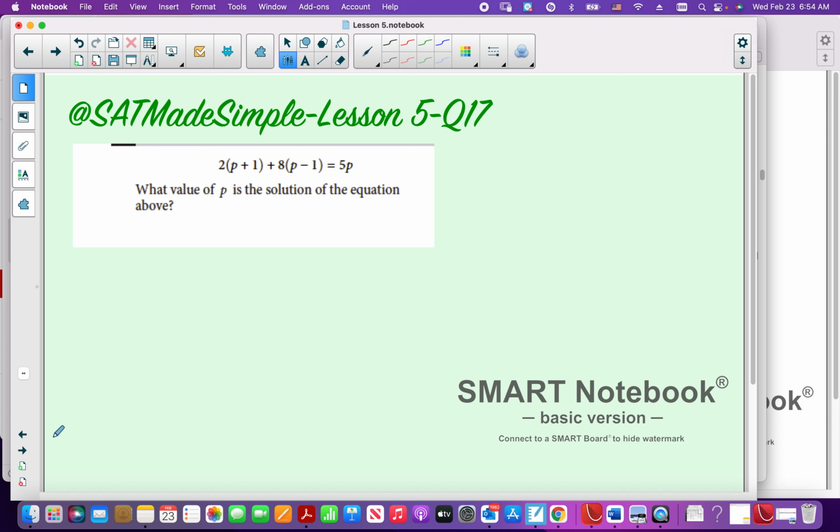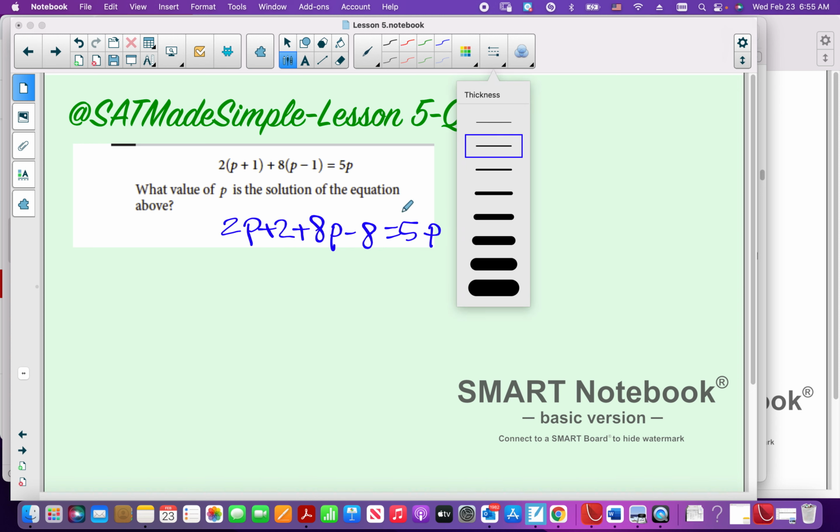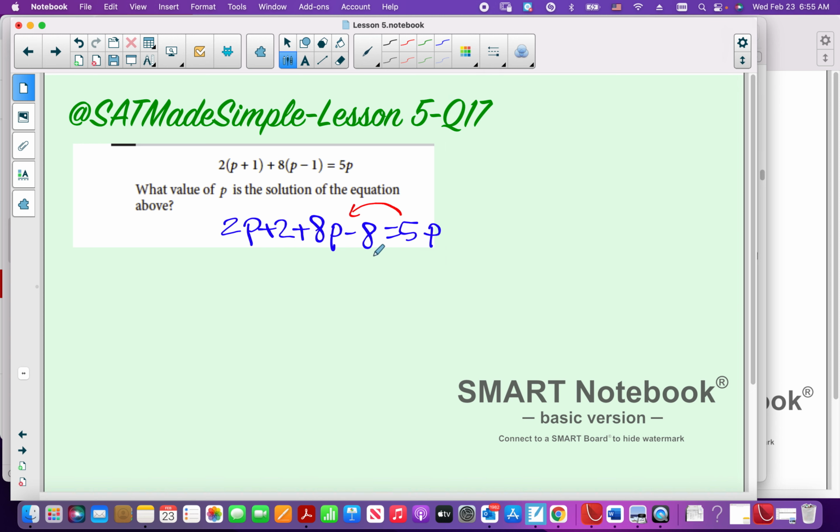What's the value of p? Just foil the 2 and the 8 in the brackets, combine like terms, and solve for p. So 2p plus 2 plus 8p minus 8 is equal to 5p. 5p will be moved to this side.